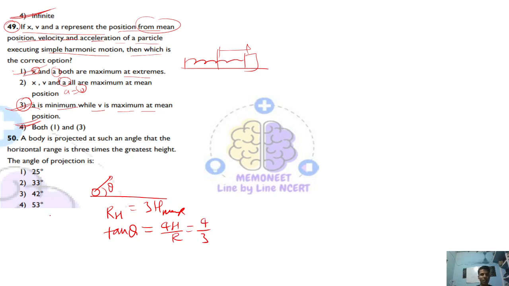Tan theta is 4 by 3, so you can simply say it to be 53 degree angle, because you know the 3-4-5 triangle, with the base being bigger, is 37-53. So tan 53 becomes 4 by 3. So theta will be 53 degree, and 53 will be the answer.